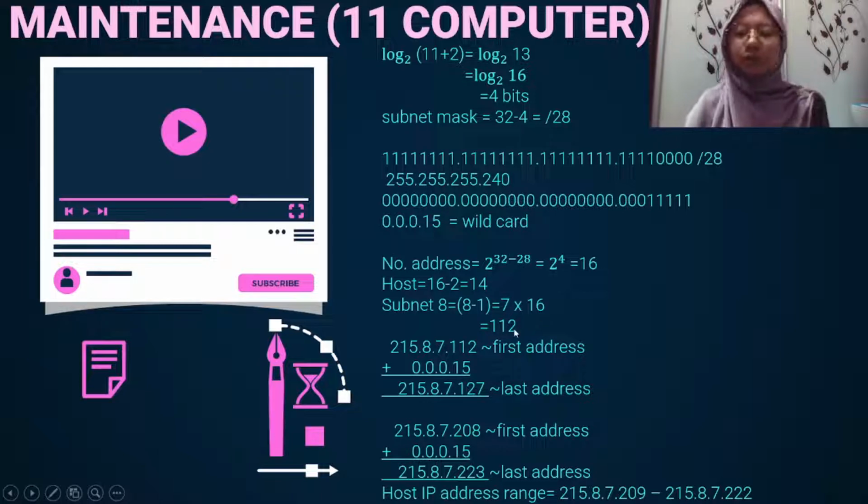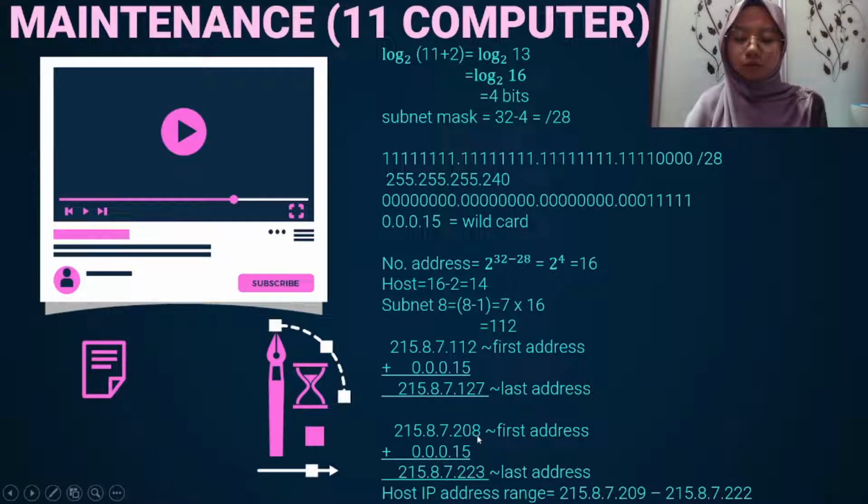For the first address, we would put this in the fourth octet and then add the wildcard. But we do not use this for our first and last address. We just continue from before, which is the corporate.